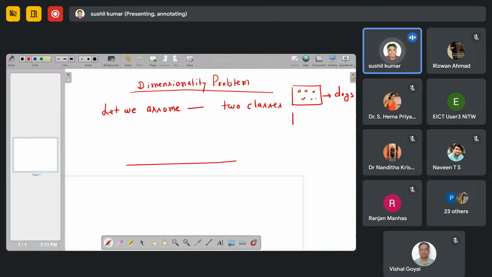Suppose all are dog images. The second class also has a lot of images or data, and suppose this is related to cats. So we have two classes here.